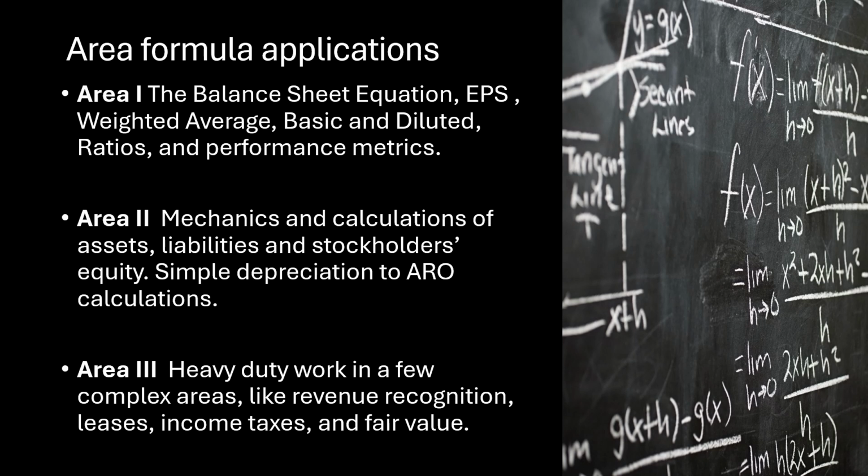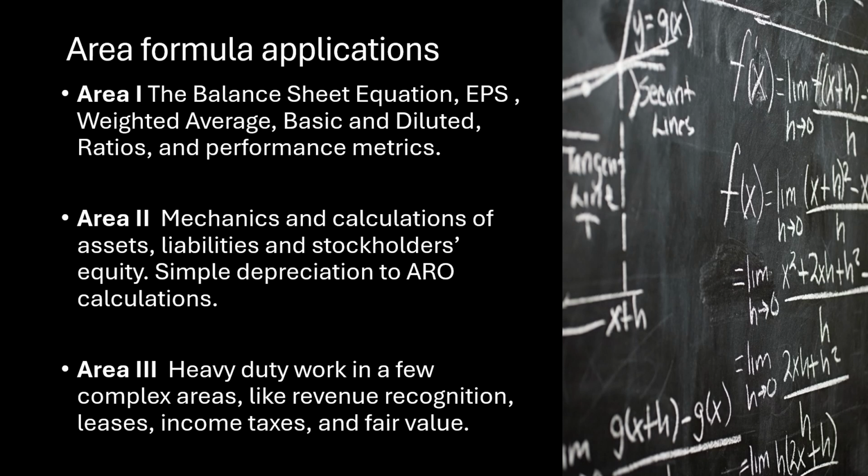In Area 2, we have the mechanics and calculations of assets, liabilities, stockholders' equity. So different things like how to calculate LIFO, FIFO, things like calculating depreciation, calculating lower of cost or market, liabilities, AROs, things like that, and stockholders' equity transactions.